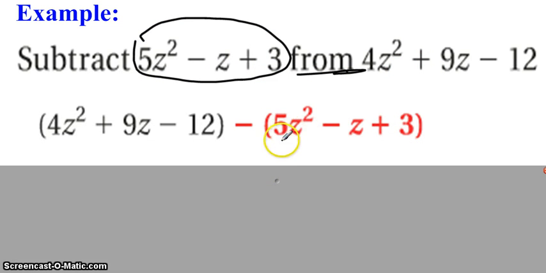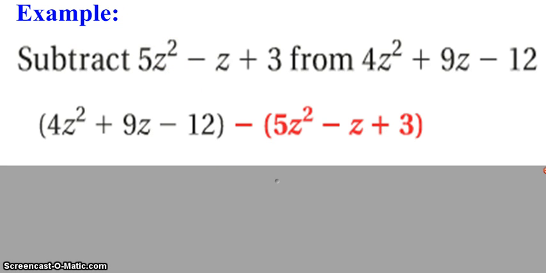You're subtracting 5z squared minus z plus 3 from 4z squared plus 9z minus 12. So you want to make sure you read the problem correctly, because sometimes they say subtract from and it looks like this.